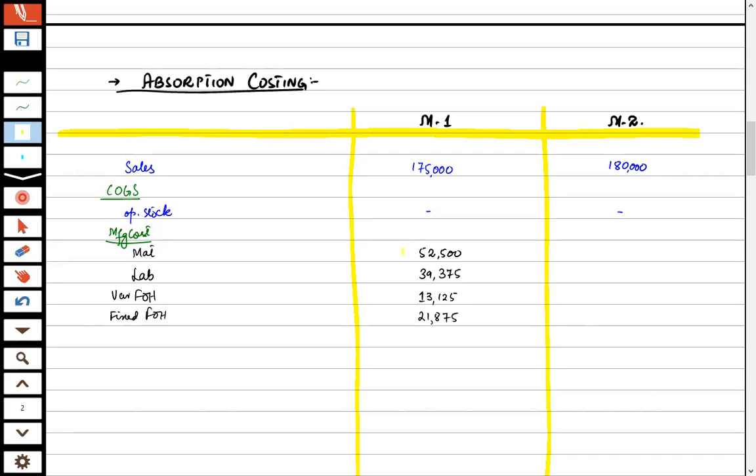So this all will make our cost of goods sold, and the total will be 126,875. Now I'm writing month two directly. It would make 152,250. Let me write fixed FOH because we have to do something with that. It would be 26,250.